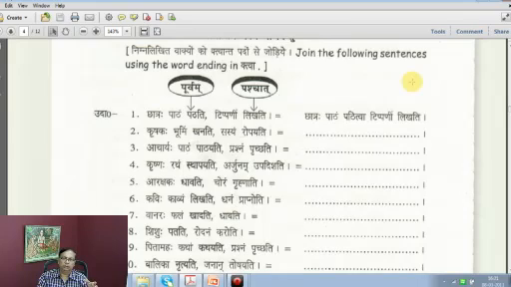Sasya is crop. Ropayati raises. Then he raises crop by way of sowing seeds. That is understood. First the farmer digs the ground, later he raises the crop.